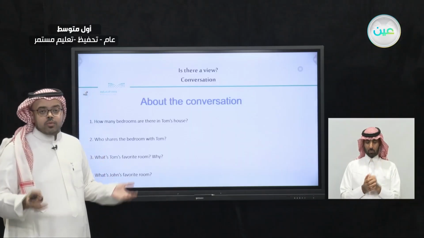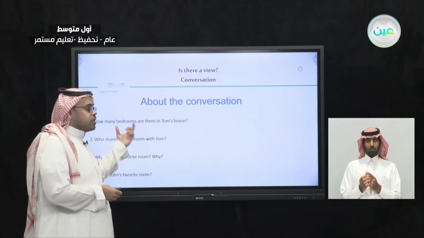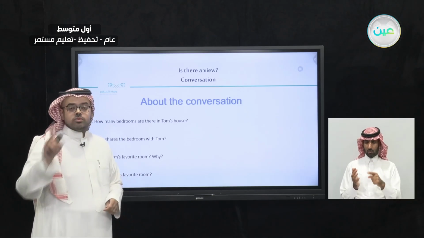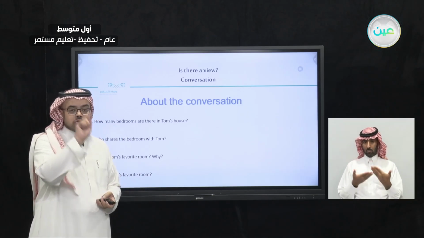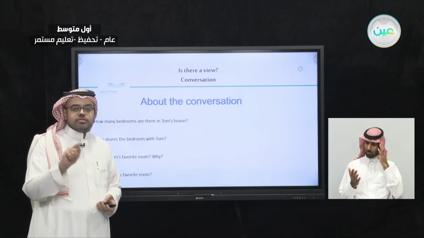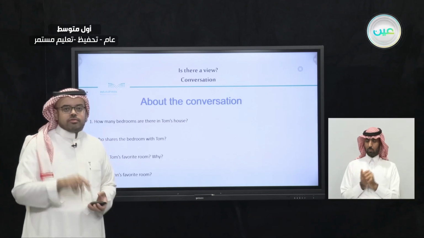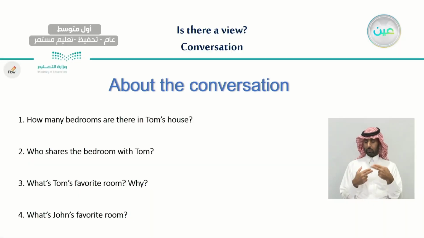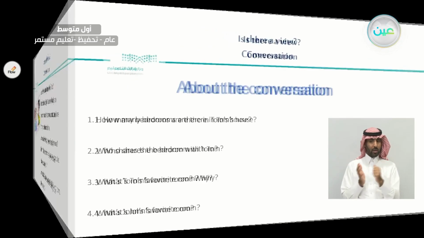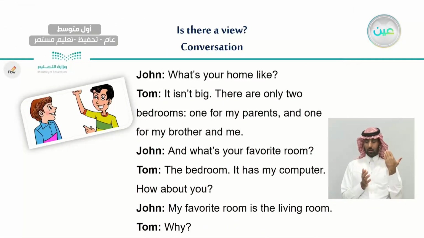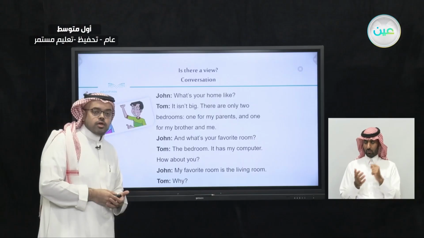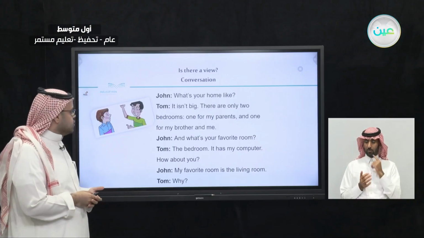So, how can we answer this? We're going to read the question and go back to the conversation and look through it for the answer. So let's start with the first one. How many bedrooms are there in Tom's house? We can go back to the conversation and see what Tom has to say about the bedrooms in his house.